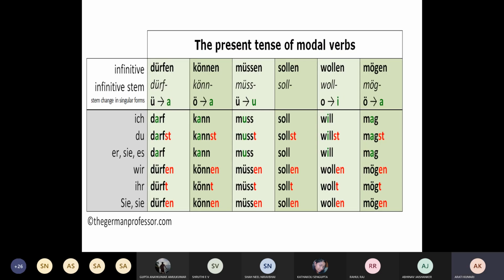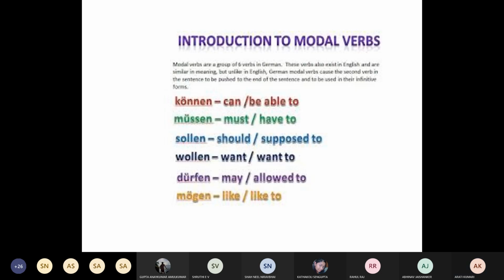Now let's move to the next one, which is können. Let's come back. You can see können means can or be able to.